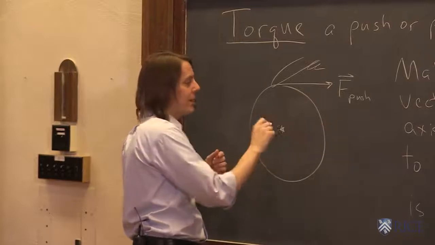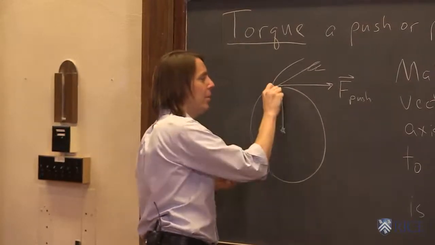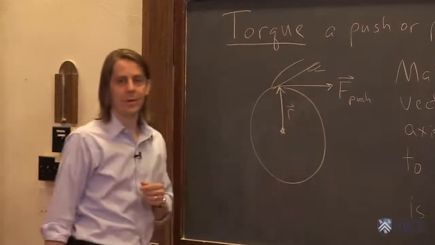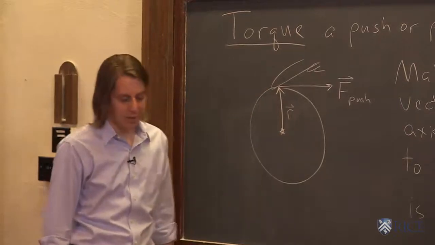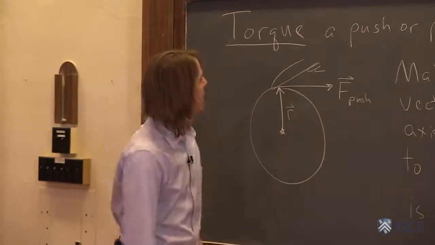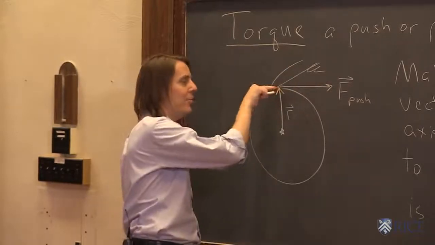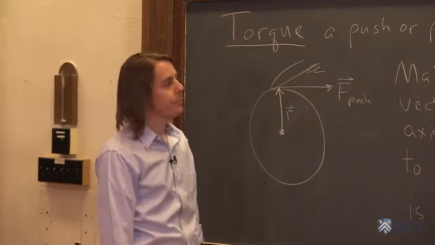Anyway, so it's from the axis of rotation to the point the force is applied when my finger applied it at the top. So there is R. Okay? It's a vector, it starts at the axis, it goes to the force. You got to be able to find the R. The F vector, of course, you're used to thinking of force as a vector. It's from the point you apply it and you draw it in the direction of the vector.